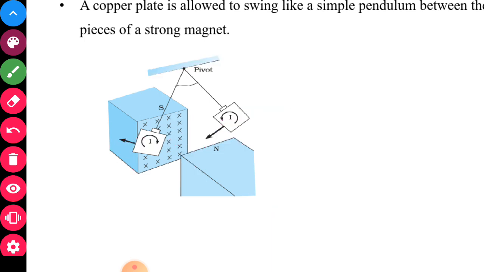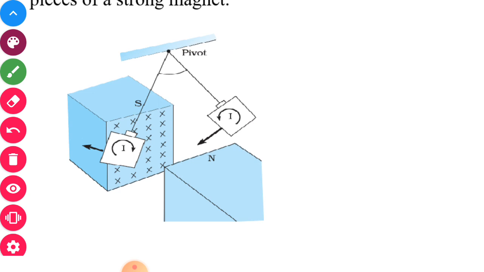So what will happen? The electric current, now you see this swirling eddy word which we have used, will move on this circular path in this metal. Let us say when the metal is going from right to left, the current on this circular path is in an anti-clockwise direction.